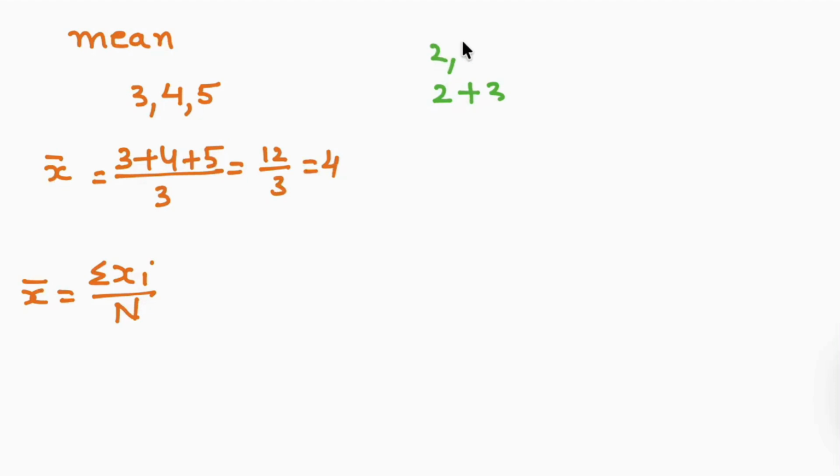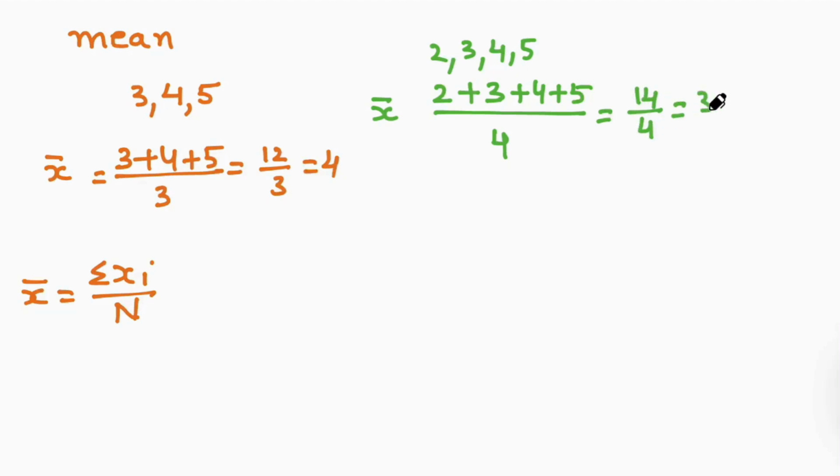Now if you add a smaller observation to it, let's say I add 2, the data will become 2, 3, 4 and 5, and then the mean will be equal to 2 plus 3 plus 4 plus 5 divided by the number of observations, which is now 4, right? So the sum is 14 by 4, so that is 3.5.